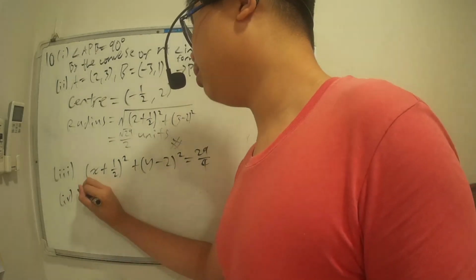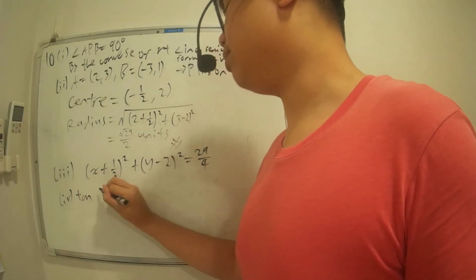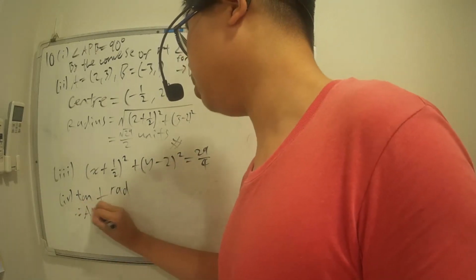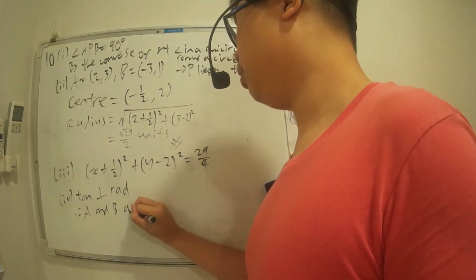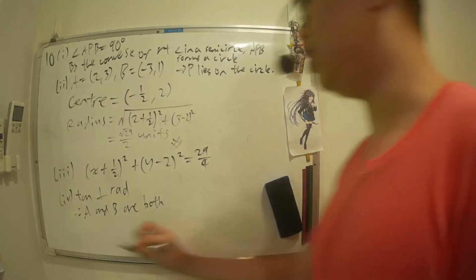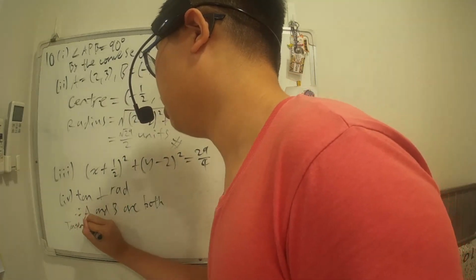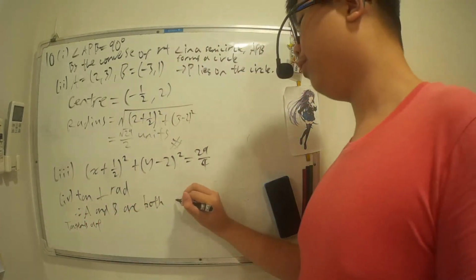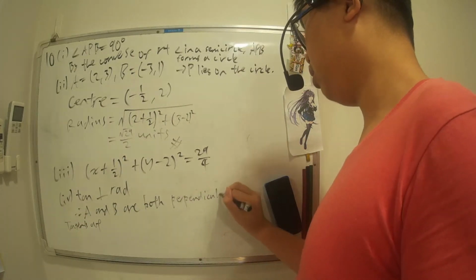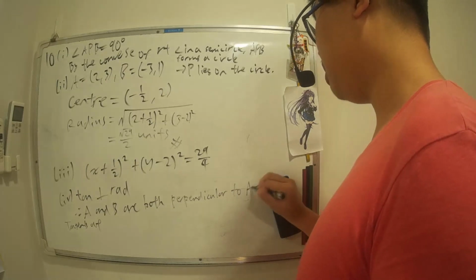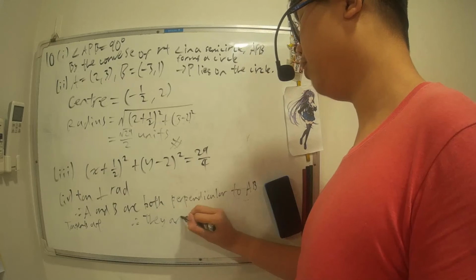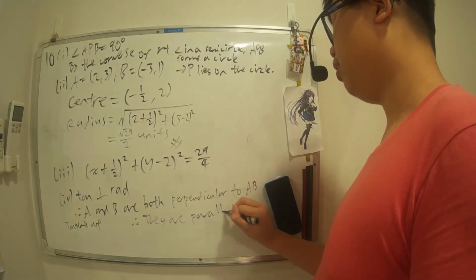So we know that tangent is perpendicular to radius, which means that the tangents at A and B are both perpendicular to AB, of course, which means that therefore they are parallel. The tangents are parallel. Very simple, right?